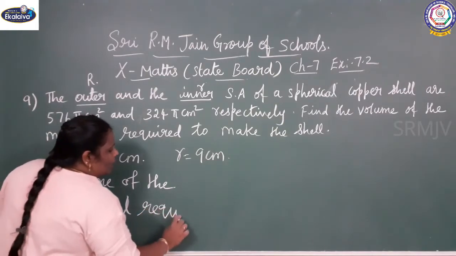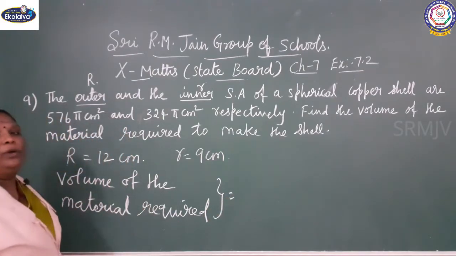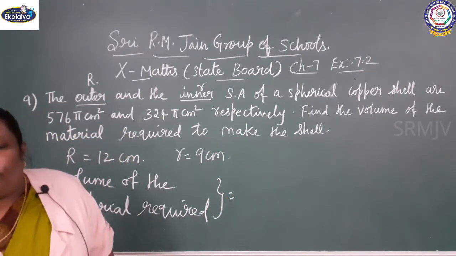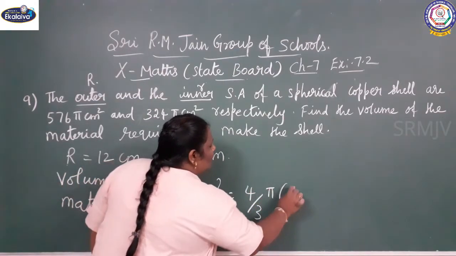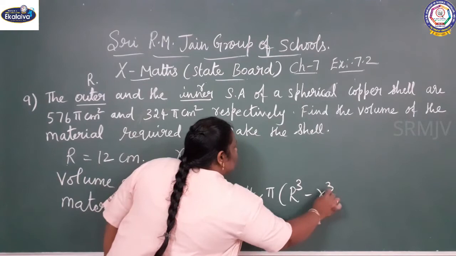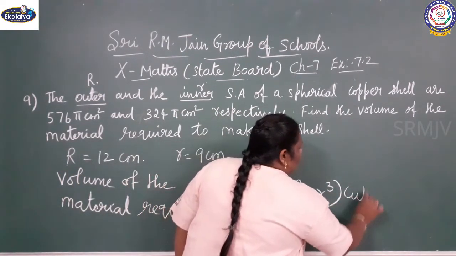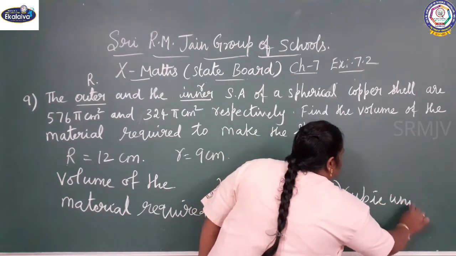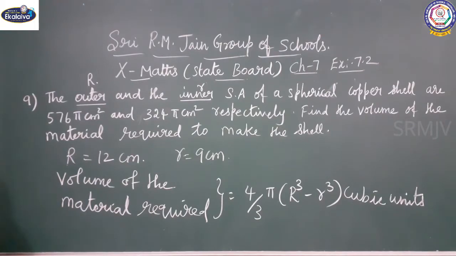Volume of the material required to make the shell equal to, what is the formula for the volume of the hollow sphere? 4 by 3 pi into capital R cube minus small r cube cubic units.